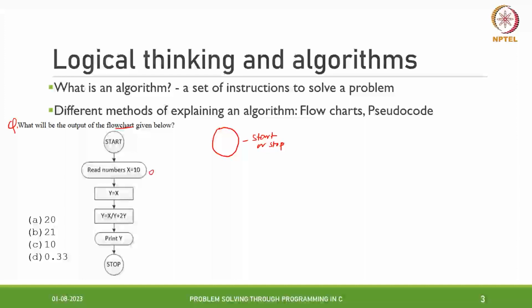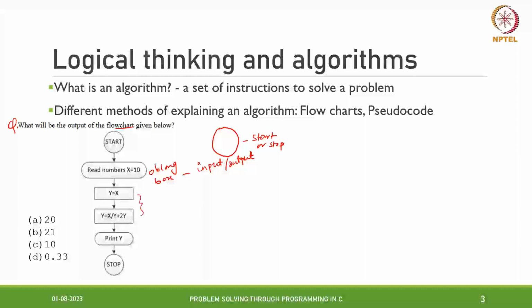Now you can see this oblong box. This is used for input or output. Like you want to ask the user for some input, you use this. You want to print something, give some output back to the user, you use this. Okay, so it's an oblong box.